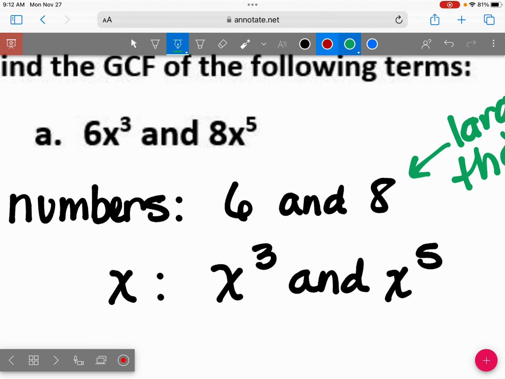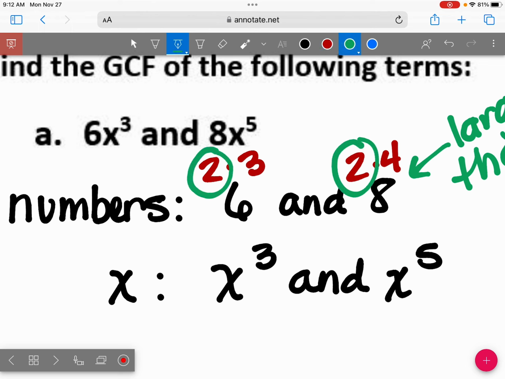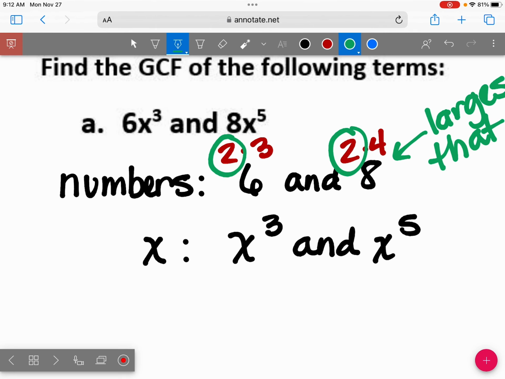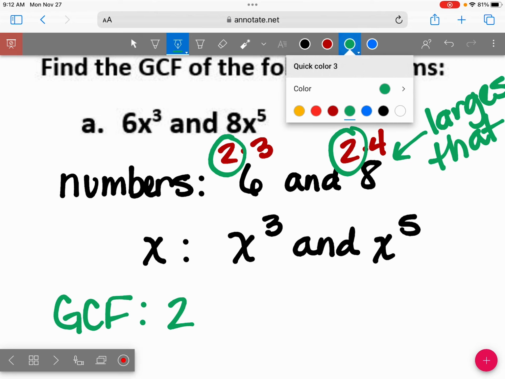2. Because 6 can be written as 2 times 3. And 8 can be written as 2 times 4. And what they both have in common is a 2. That's why it's called a common factor. So my GCF, we're going to start off with the 2. And when I look at my x's, I'm going to go with the lowest exponent.